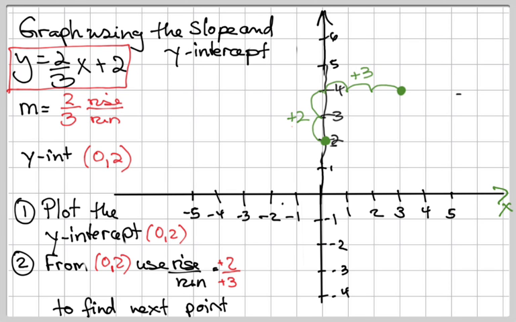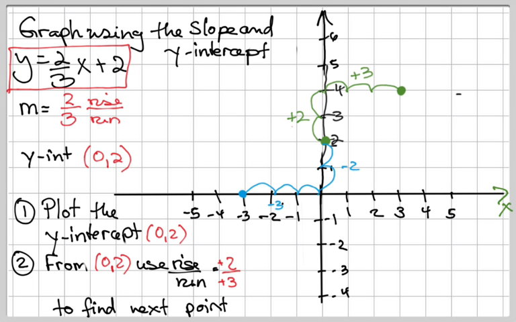I do. Now, could I have gone down? I can always go down, but if I go down 2, I have to go left 3 to come up with another point. Because now what happened, I went -2 over -3, which is also a positive 2/3.